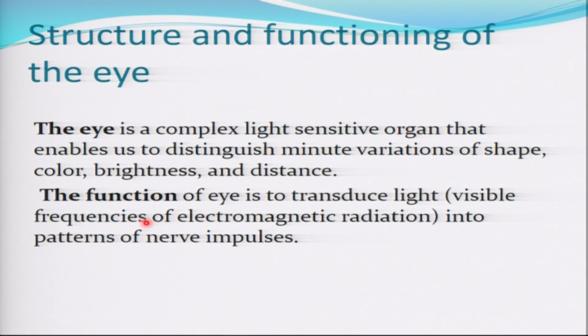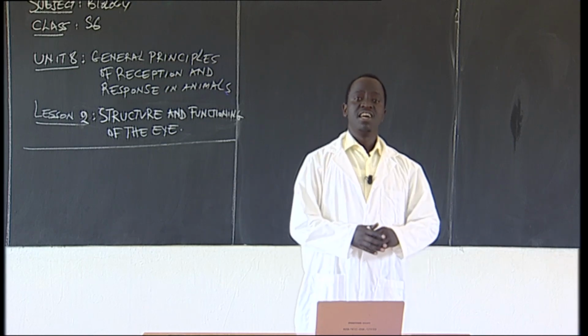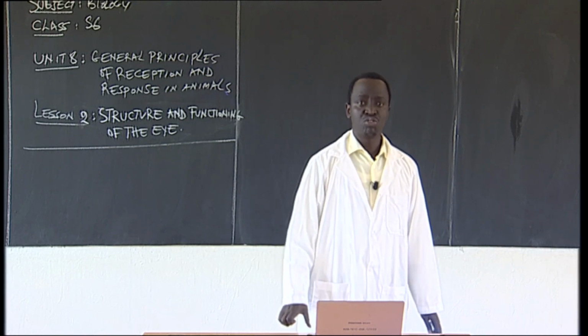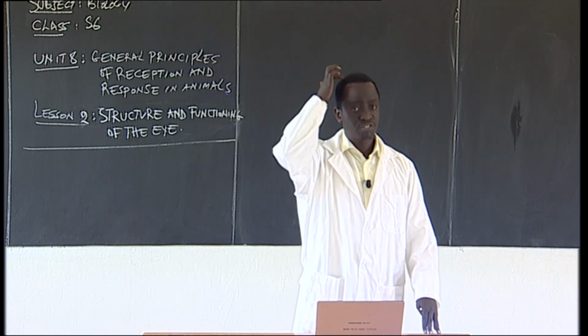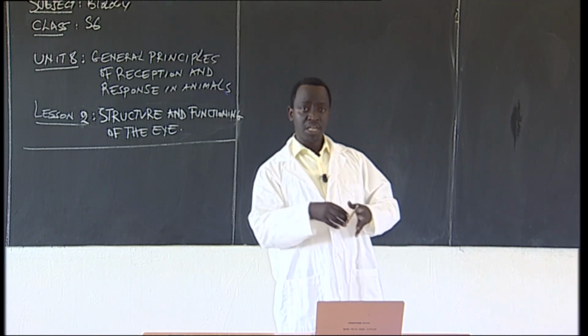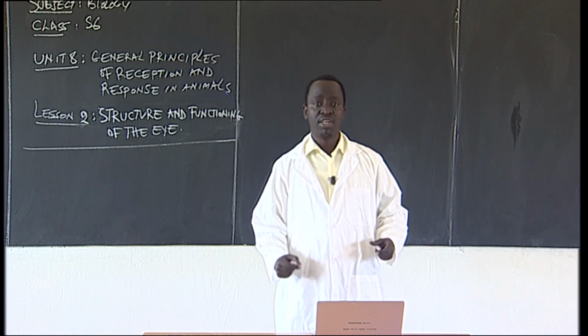We're going to see where the retina is located on the image. When those photoreceptors sense the light, there is a change of that light into an impulse, into a message. That process of changing the stimulus into an impulse is what we call transduction.